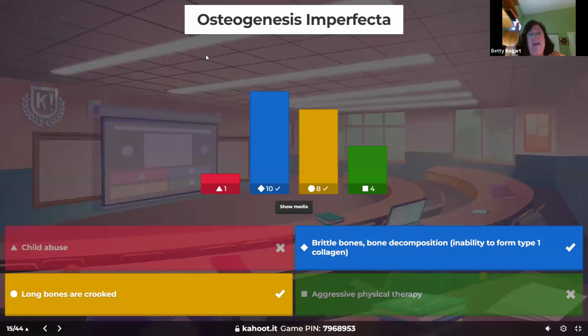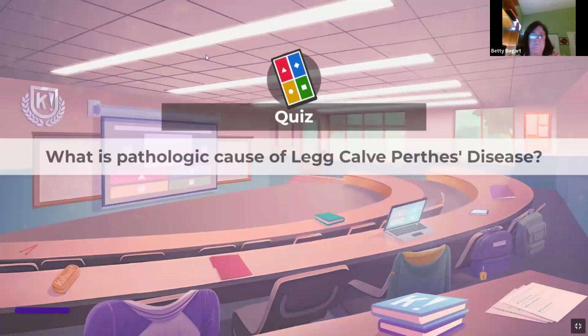There are cases where, with children with osteogenesis imperfecta, the parents have been arrested for child abuse until they figured it out. It wasn't their fault. It's a condition, so it can happen. Long bones are crooked, they're brittle bones, and you're not going to do physical therapy on these children. Aggressive physical therapy will make their bones crack and break.